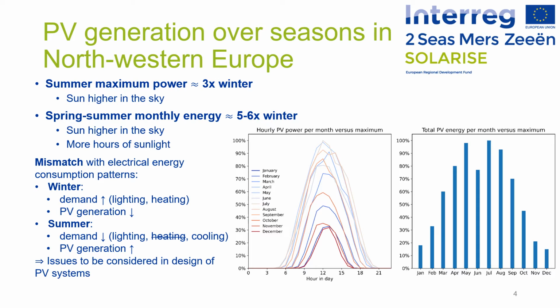You have reduced lighting needs, typically no heating needs, and in some cases limited cooling needs. But PV generation is significantly higher. And so this matching of electricity demand with electricity generation needs to be considered in the design of PV systems to achieve a cost optimal effect.